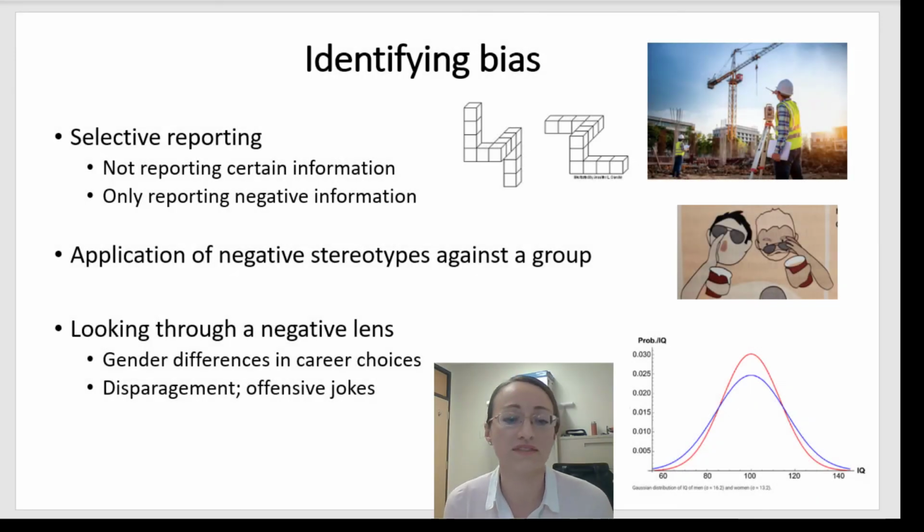Bias also comes through in selective reporting, in the way we tell a story, in what facts we select to construct a narrative. The module on gender differences shies away from reporting what men are better at, for example, spatial abilities such as object rotation, such as the ability to rotate an object in your mind.